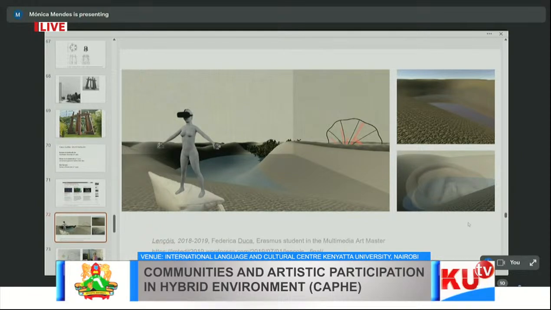We also have some challenges like creating contents for the virtual world. This student, specifically, Erasmus student Federica Duca, was interested in fashion and texture, so she designed an experience in the virtual world inspired by the Brazilian lençóis do Maranhão, a sand scenario that here is substituted by the texture.